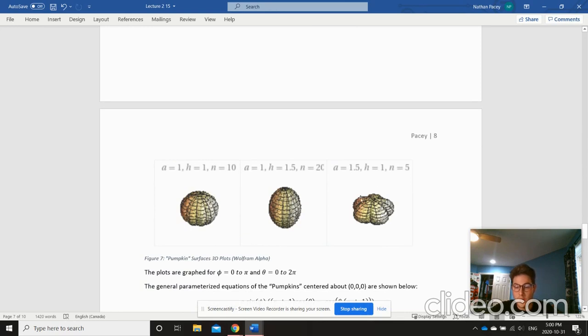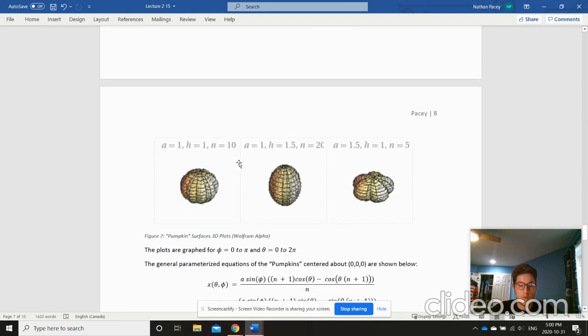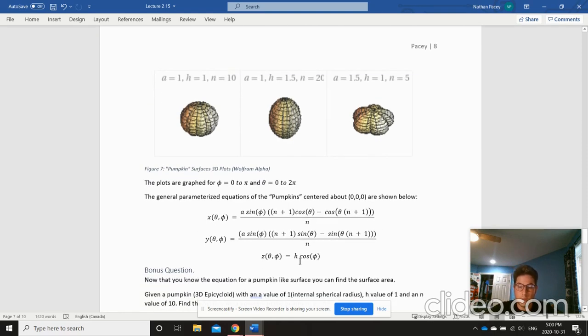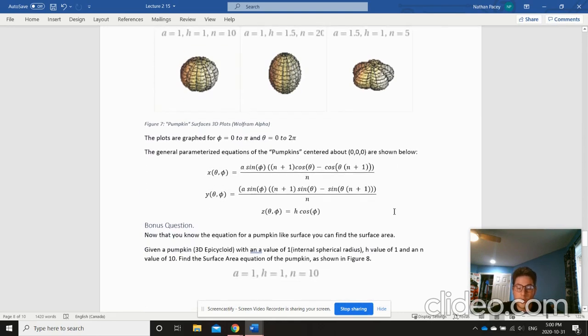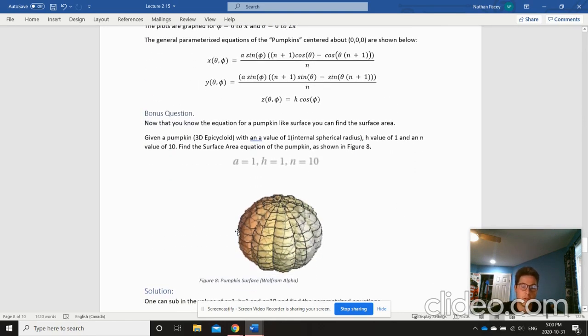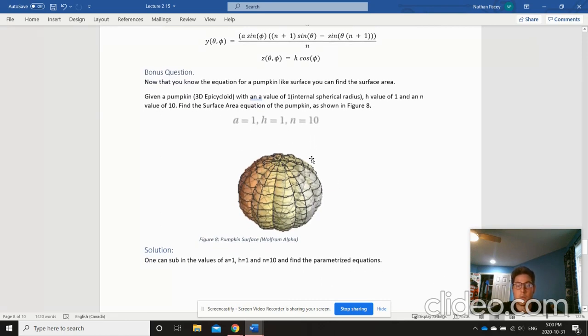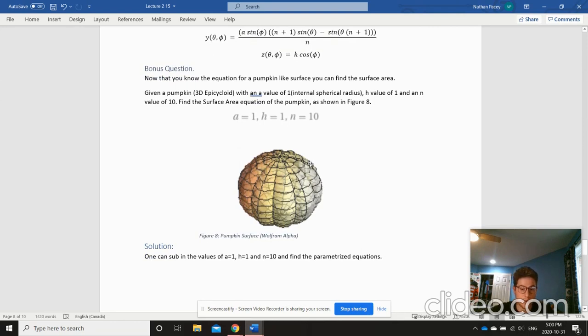We'll now have 3 different parameters, A, H, and N, and you can see what the different pumpkins will look like. And this will be what their equations are when you parameterize them. So for the bonus question, we're going to be focusing on this pumpkin here, where A is 1, H is 1, and N is 10. So we want to find an expression for the surface area.